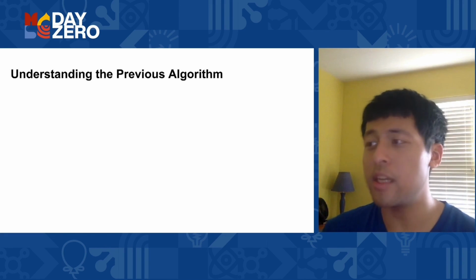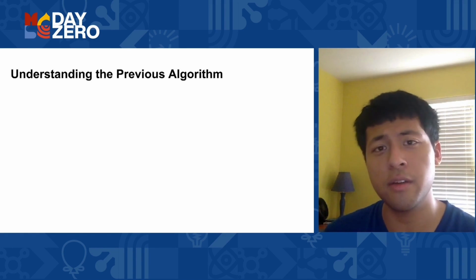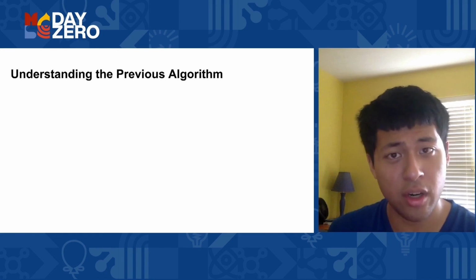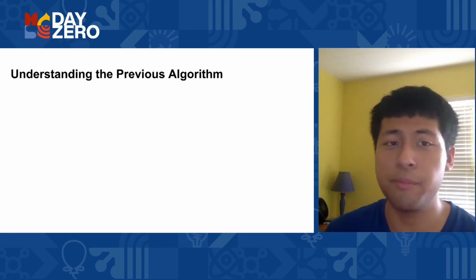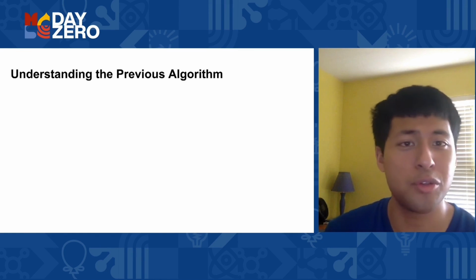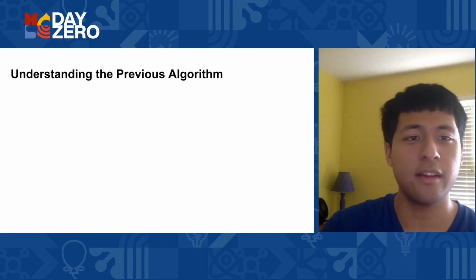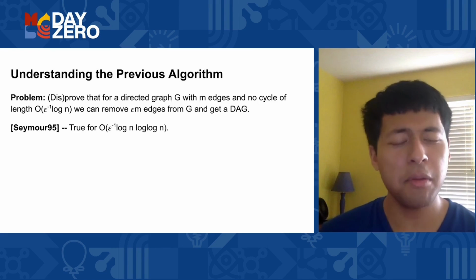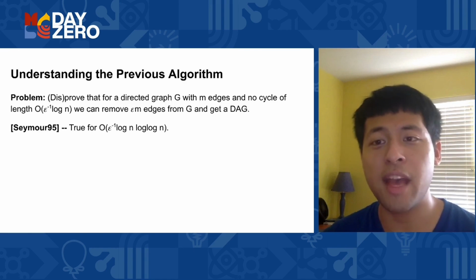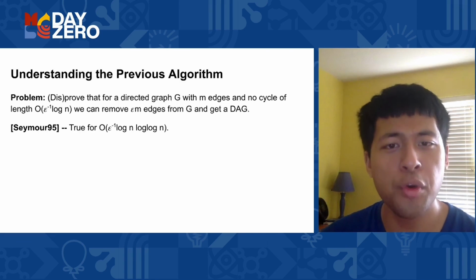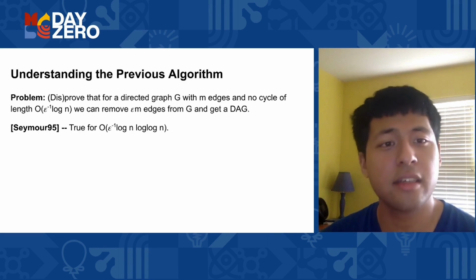I think this previous algorithm, at least to me, is a little mysterious, especially for the occurrence of this log n parameter. But here's a problem I think would help understand that I don't know how to do, and I would be super interested in any sort of progress or ideas for it. The problem is prove or disprove that for a directed graph G with m edges and no cycle of length log n over epsilon, you can remove epsilon m edges from G and make it a DAG.